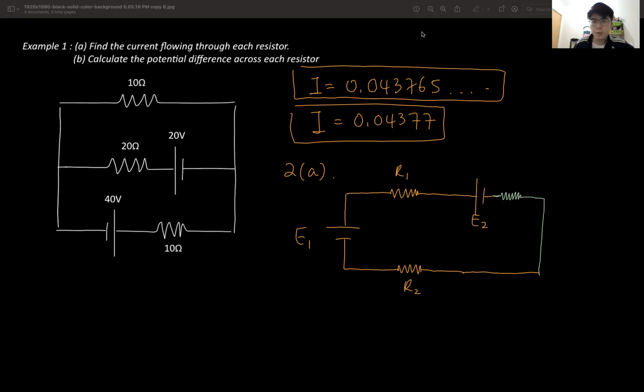Then you do the voltage rule as usual, treating the internal resistors just like any other resistors.